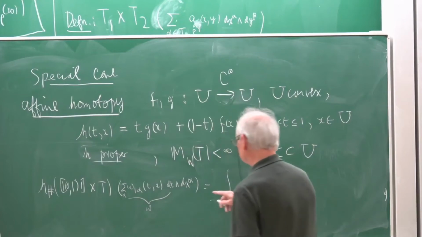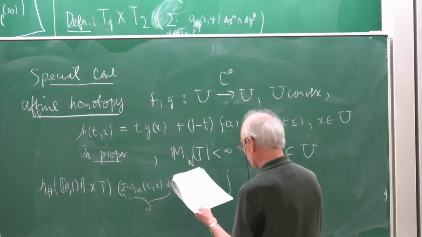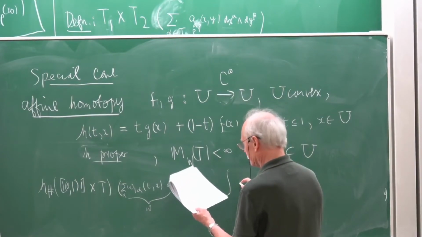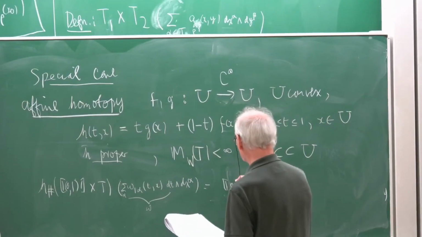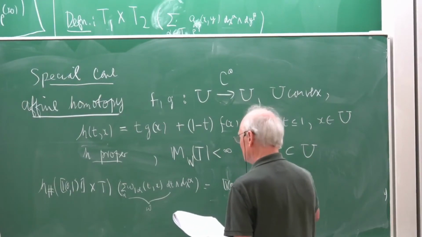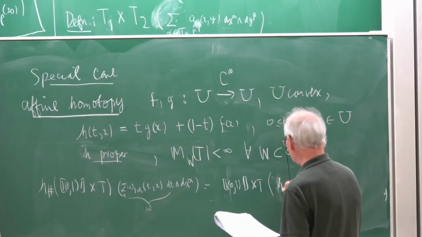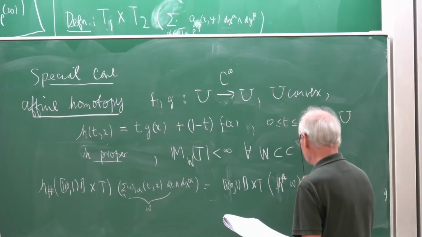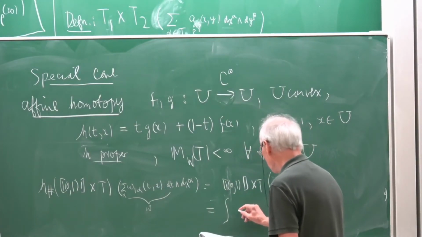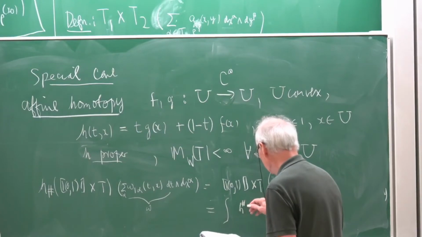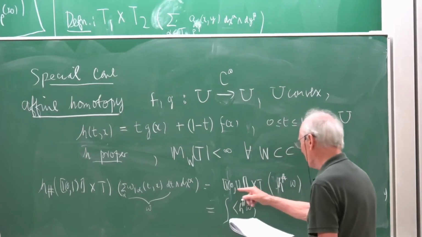Now, according to our general formula pushing forward, this would be the integral over [0,1] cross T, pull back h sharp of omega, that would be the integral of h sharp omega dual pairing with the t arrow of this.